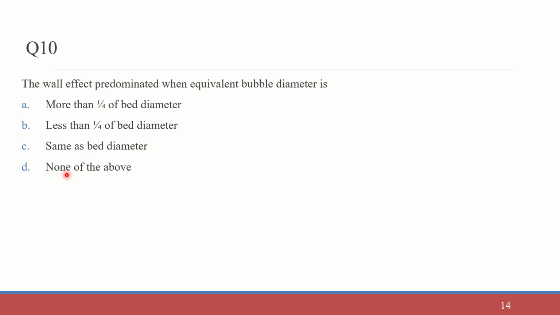When bubbles are growing in size inside the bed, there will be smaller bubbles and larger bubbles. The presence of walls, that is the bed walls, will have some effect on the bubble size. For smaller bubbles, the wall effects would be less and would not affect the bubbles very much.